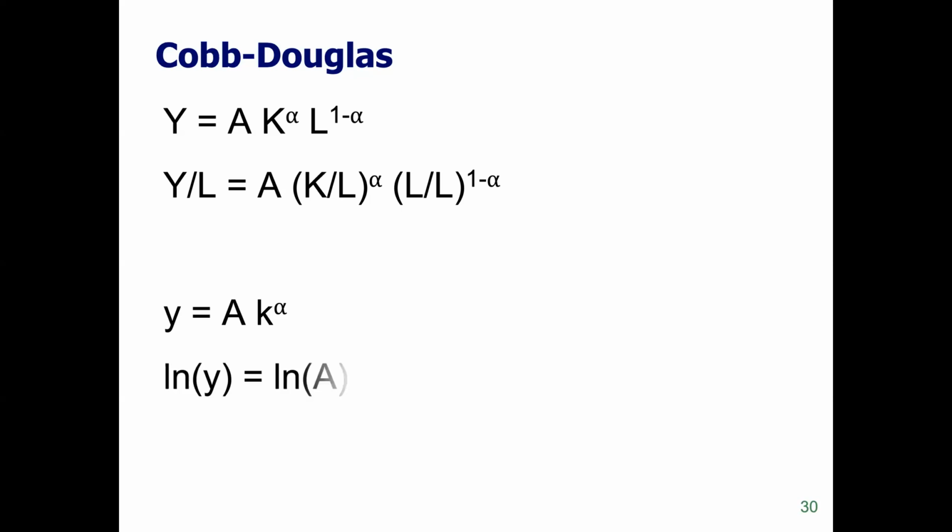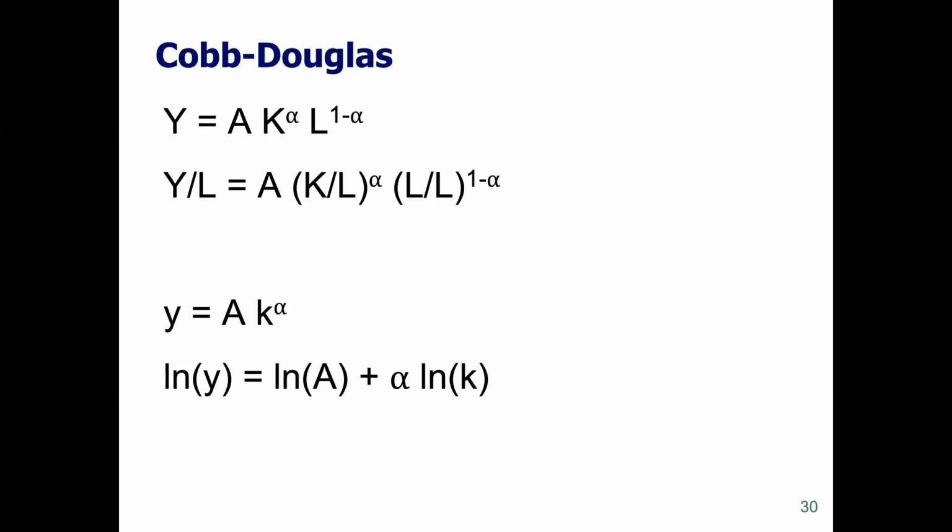Okay, so let's put this into logarithmic form. We've got the natural logarithm. We've got log output per worker is equal to log A plus alpha log K. So you notice this is looking like a pretty simple equation.